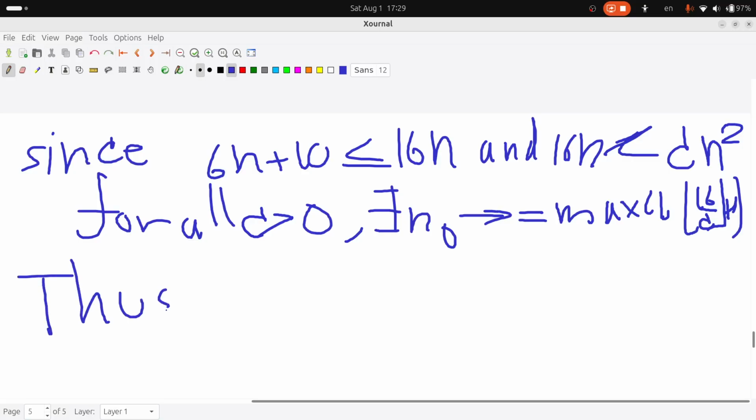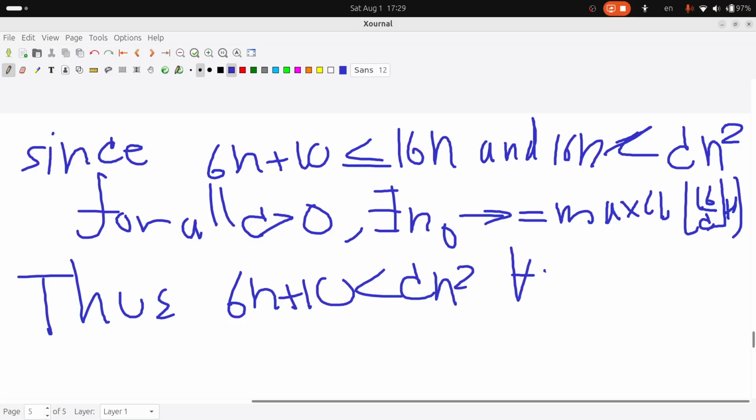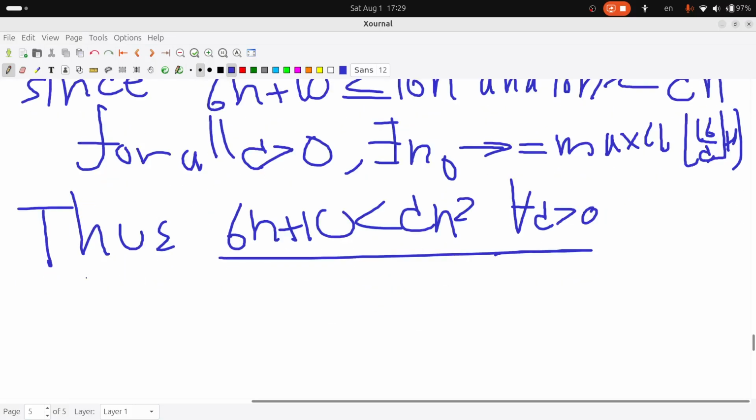Thus 6n plus 10 is less than cn squared for all constants c greater than 0. And we can summarize that 6n plus 10 is equal to little o of n squared.